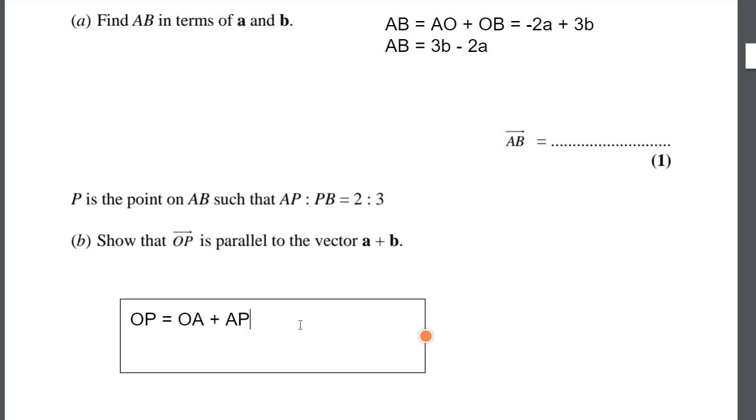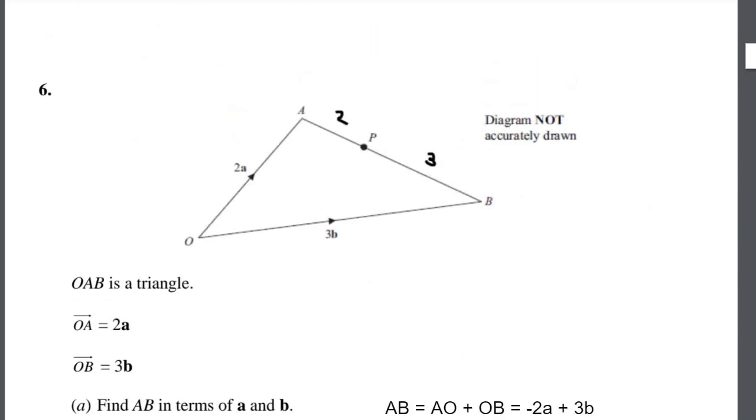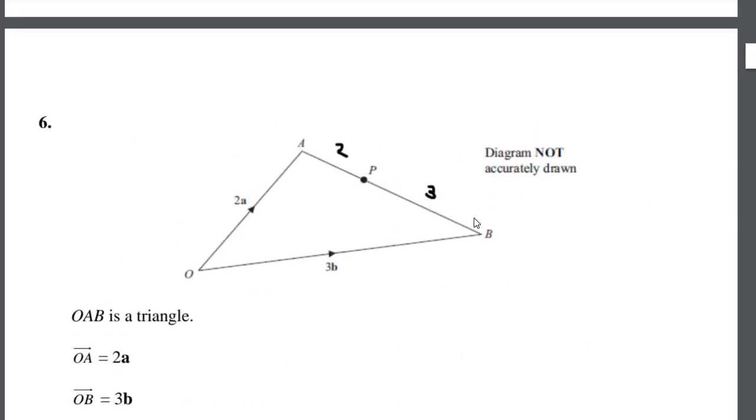Okay, so now we need to figure out AP first. AP happens to be in the ratio 2, and PB happens to be in the ratio of 3. So if you think about AP, this length is 2/5, because the total is 5 parts.